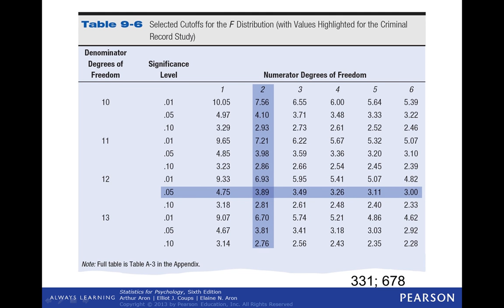So you intersect 12 degrees of freedom for the denominator at the 0.05 level with 2 degrees of freedom at the numerator. And it comes up 3.89. Our answer was 4.07. So our F value exceeds the cutoff required for an F of 3.89.